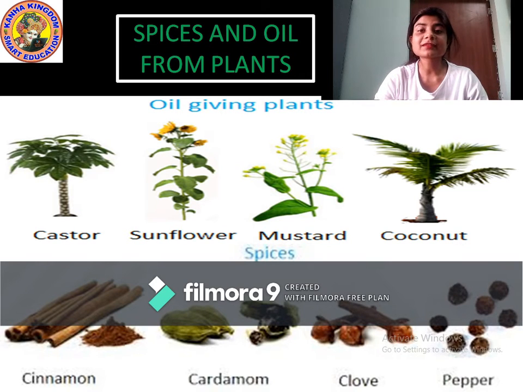Understood? Then spices: cinnamon, cardamom, then cloves, then pepper. These are some spices that are used in food, and these are also obtained from plants. See, it is written there, the spelling of cinnamon, C-I-N-N-A-M-O-N.